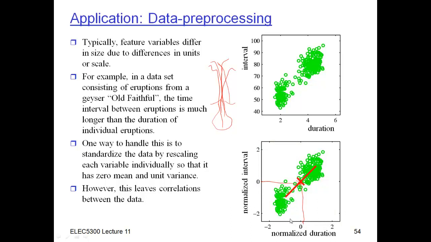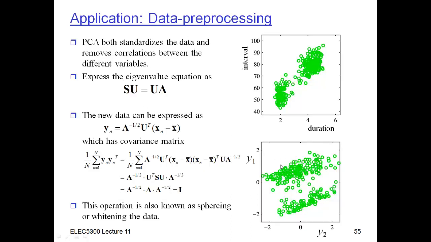But the problem here is that there's still correlations between the data. You can see that there's a strong variation in this direction and not a very strong variation in this direction. And so that suggests that even though I'm only using the space between +2 and -2 in both of these directions, there's a lot of extra space over here and over here that's not being used. And so we can use PCA to fix this problem.